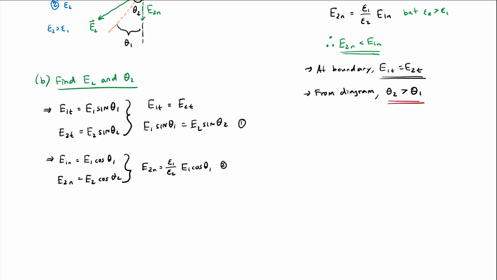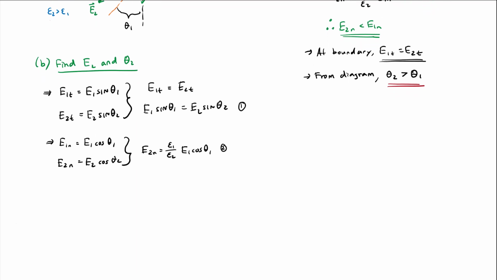So what we're going to do next is divide, or before we even go about doing this, let's take a look at those two equations and try and figure out how to find E2. If I want to find E2, that means I need to somehow get to here. So the best way of doing this might actually be to divide the two equations, or you could plug one of the equations into the other.